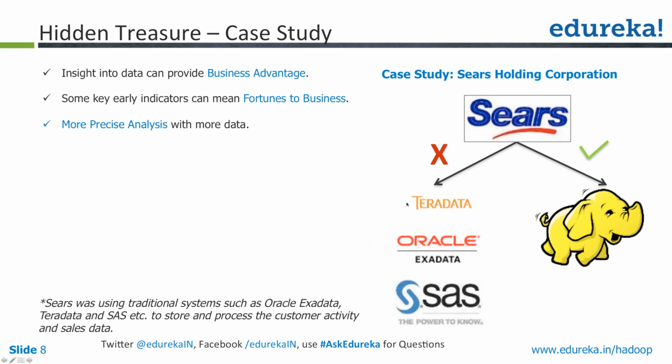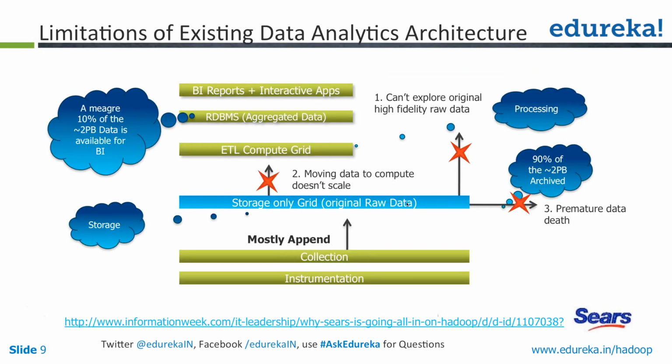This is how it looked. This is how your traditional data warehousing architecture looks, where you collect a lot of data from various sources, and mostly it is stored in your storage-only grid. When all this data reaches above, say, 10 terabytes of scale, it's very difficult to move into a compute grid.